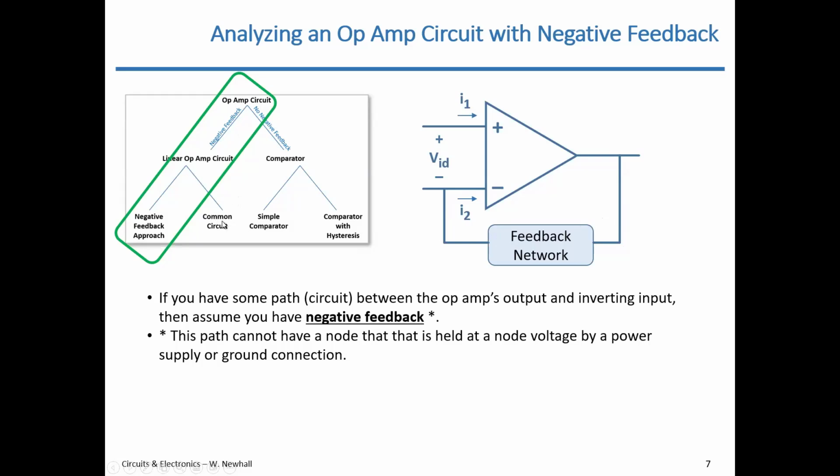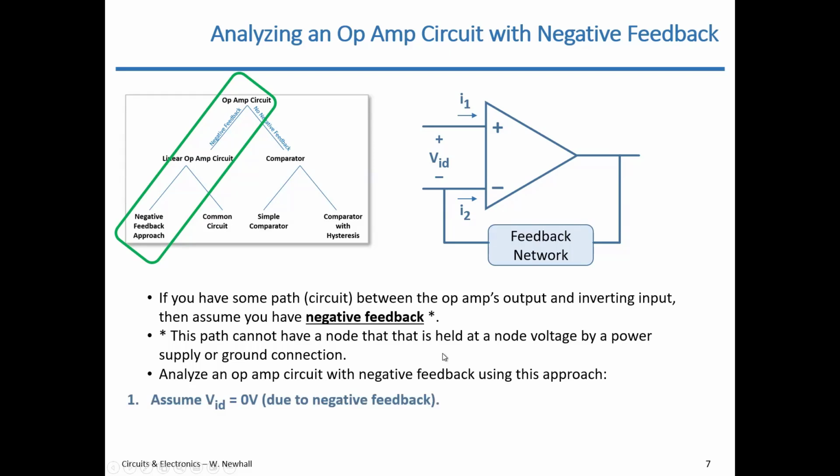And if you don't know what the circuit is, if you haven't seen it before, then you're going to use this negative feedback approach. This is the approach right here. First, you're going to assume that the input differential voltage is 0. If you have negative feedback, this input differential voltage might start out at something non-zero, but it's going to get really close to 0.